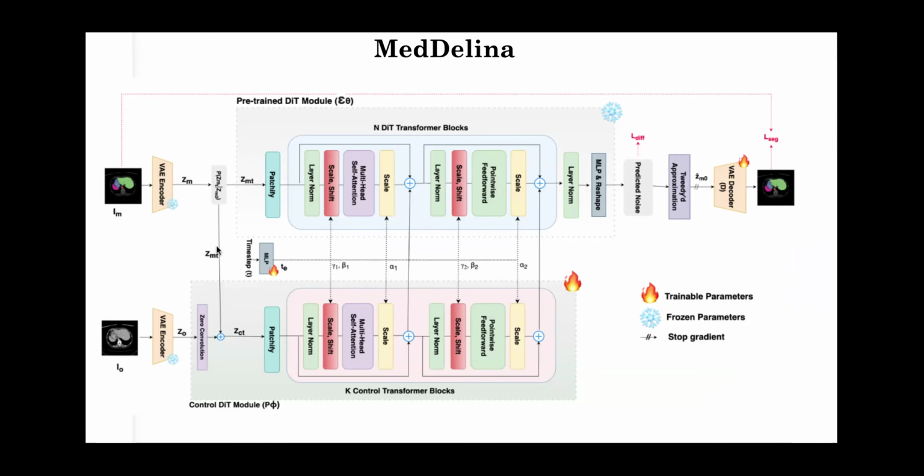Generic pre-training for these diffusion models works as follows. These diffusion models are basically text to image generation models. In generic pre-training we use a text part.